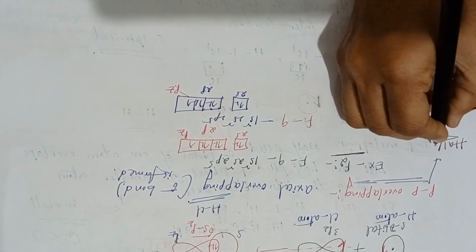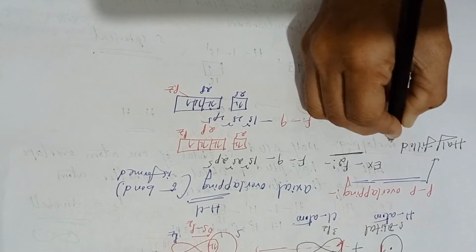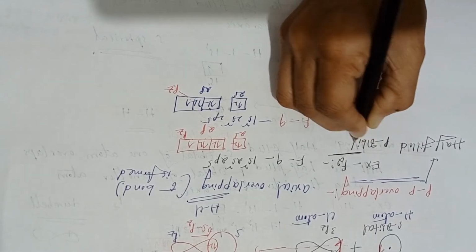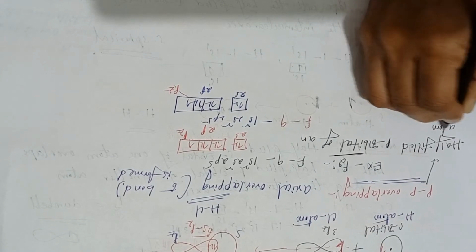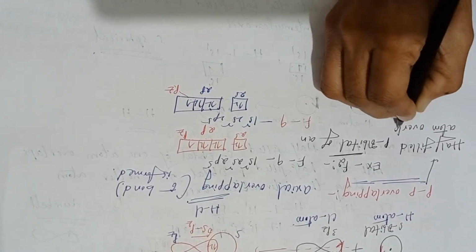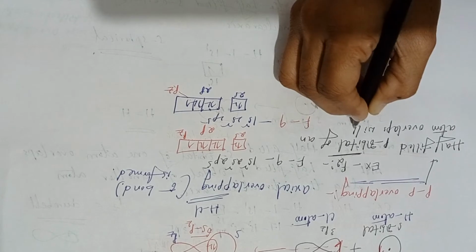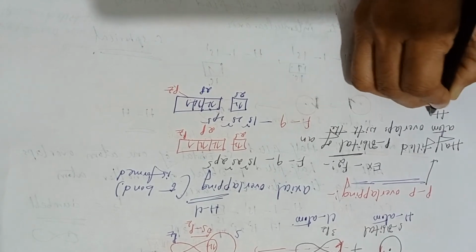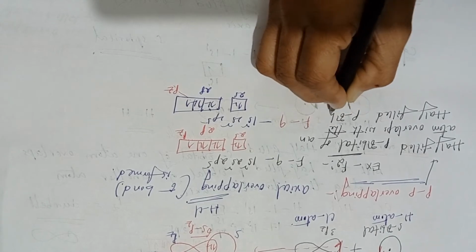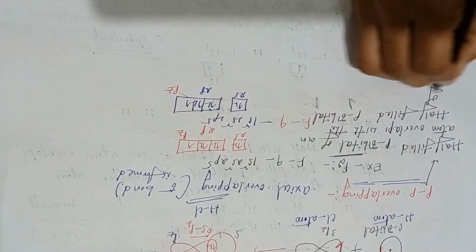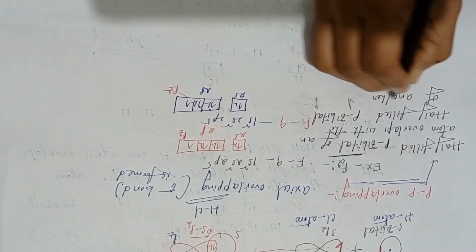Half filled p orbital of an atom overlaps with the half filled p orbital of another atom. Are you clear?